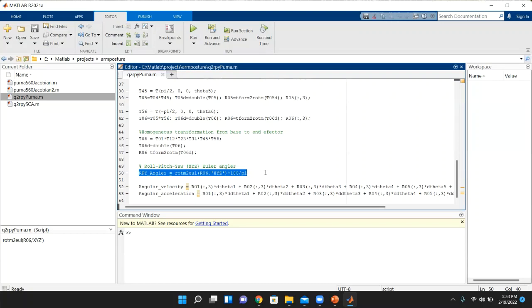What is it? RPY angles, the roll pitch yaw angles, right? I want to calculate what is the angle around roll axis. That is, roll axis is usually x-axis. And what is the angle around pitch axis? Pitch axis is usually y-axis.